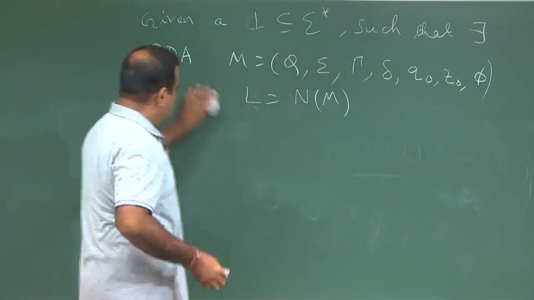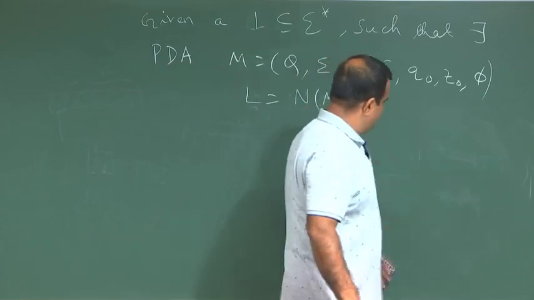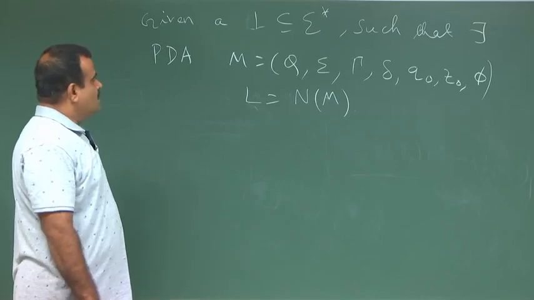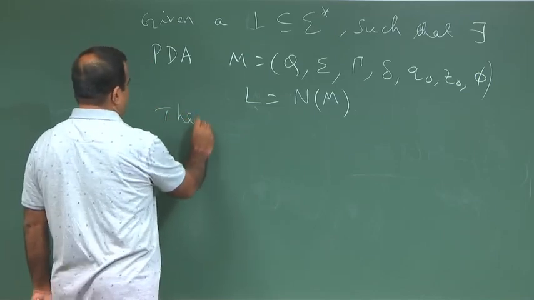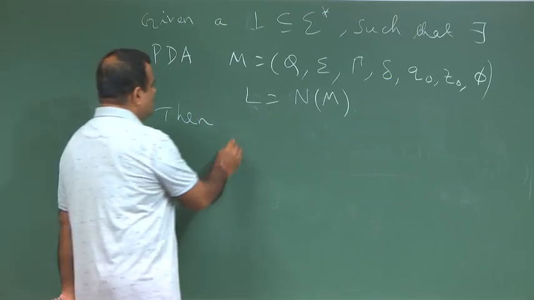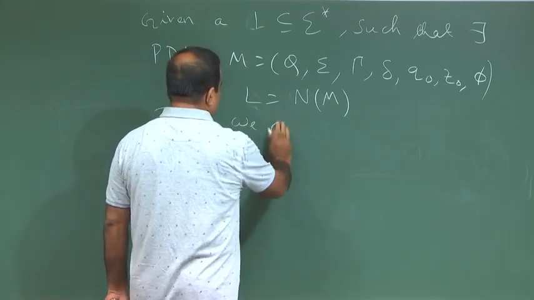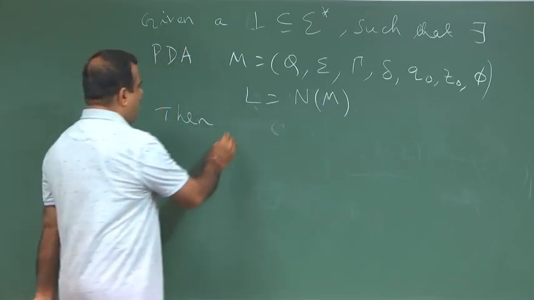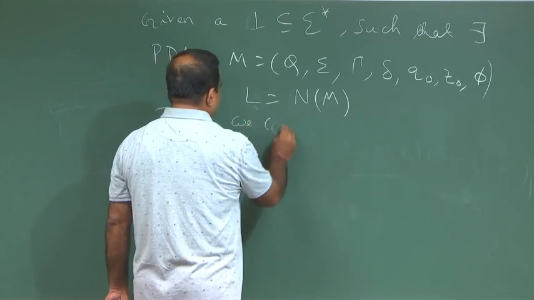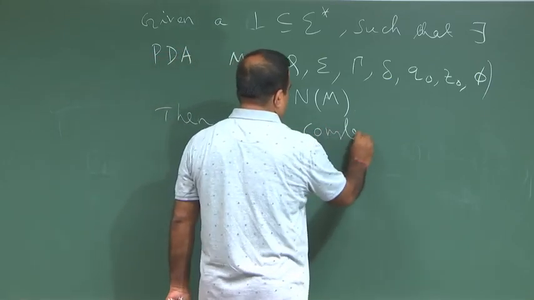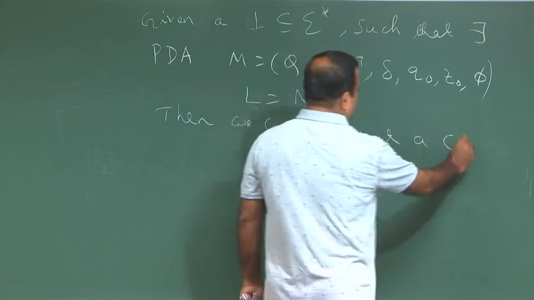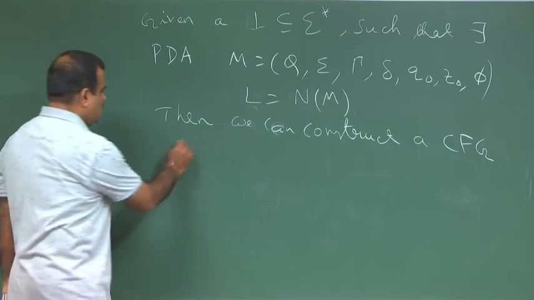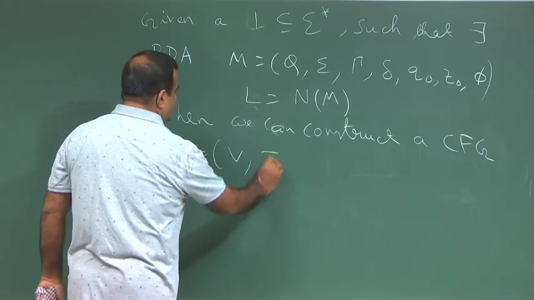So this is given, then we can construct a context free grammar G, which is (V, T, P, S).